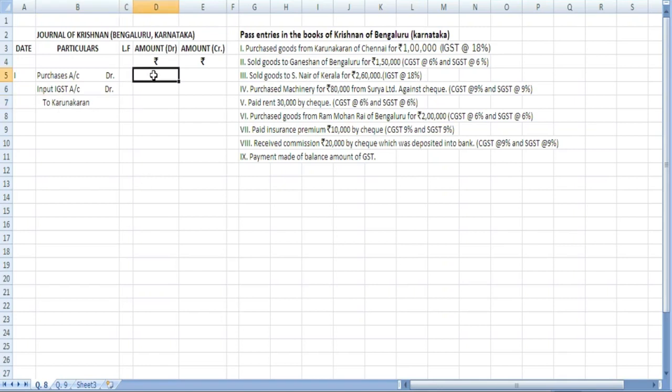The purchase amount was 1 lakh. The IGST is 18%, that is 18,000, and the total of these two will come as 1,18,000. We'll write the narration: purchased goods from outside the state.